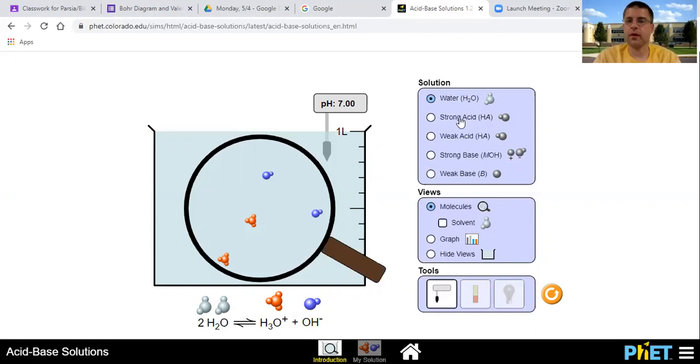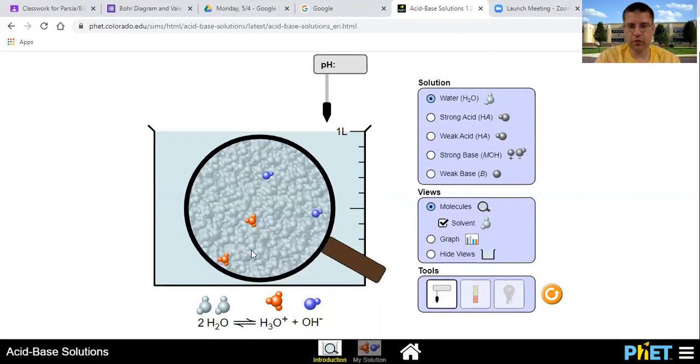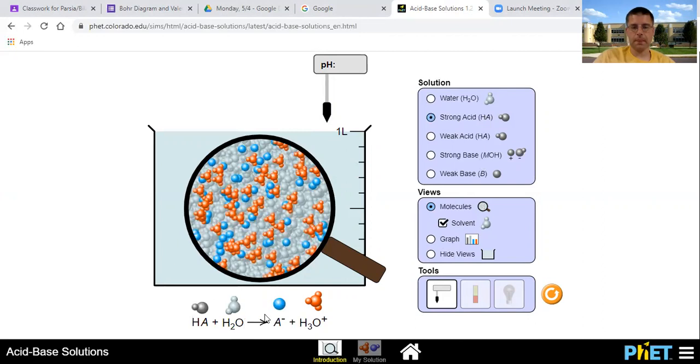So let's see what happens when a strong acid goes into this beaker. I'm going to take the pH meter out and watch what happens. The solvent right here is the water. So predict, what do you think is going to happen? Let's see. What you have here is we dropped in acid, and pretend it's HCl. Here's the H, watch the mouse, the anion Cl, notice the radius. Over here you've got water.